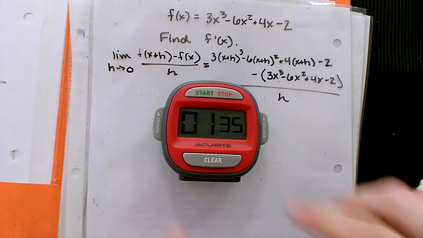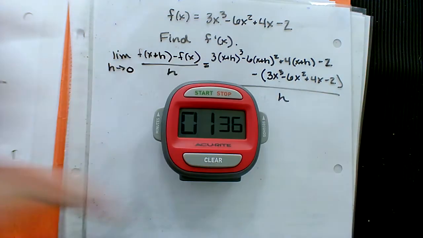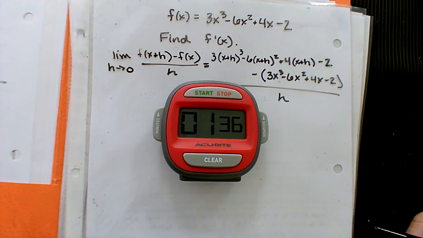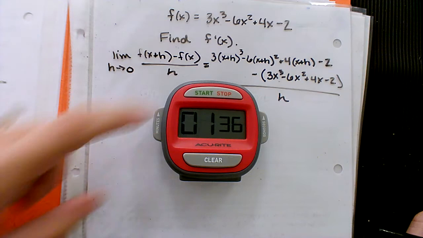Hold on, let me pause it. What'd you get? I got 6x squared plus 3x squared minus 12x plus 4. Nope, keep going.